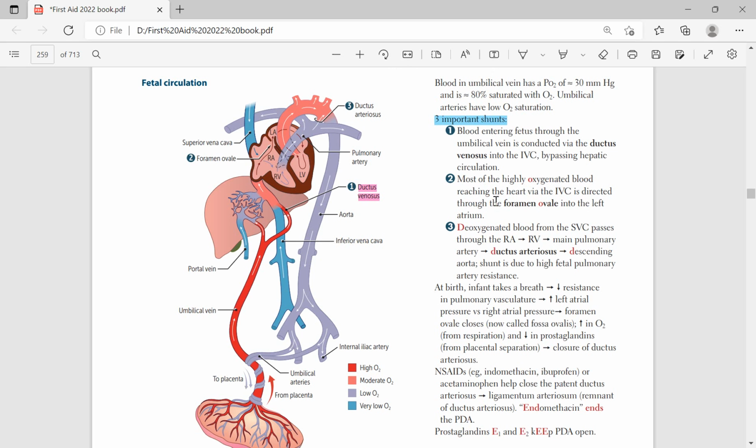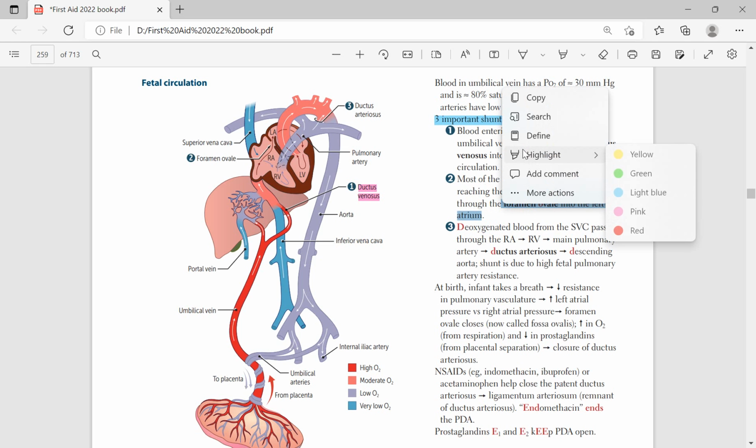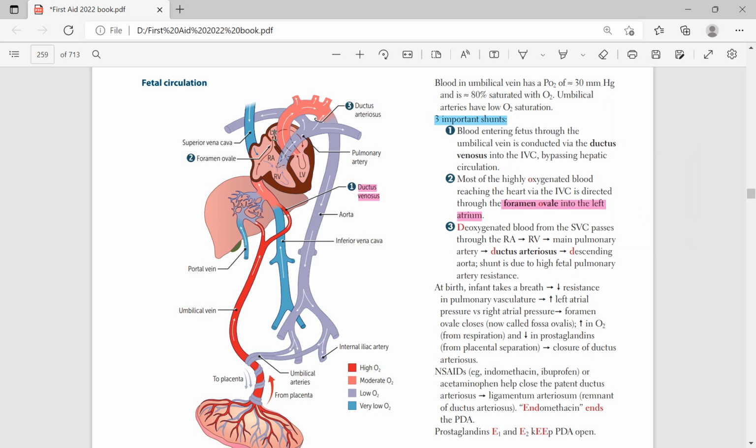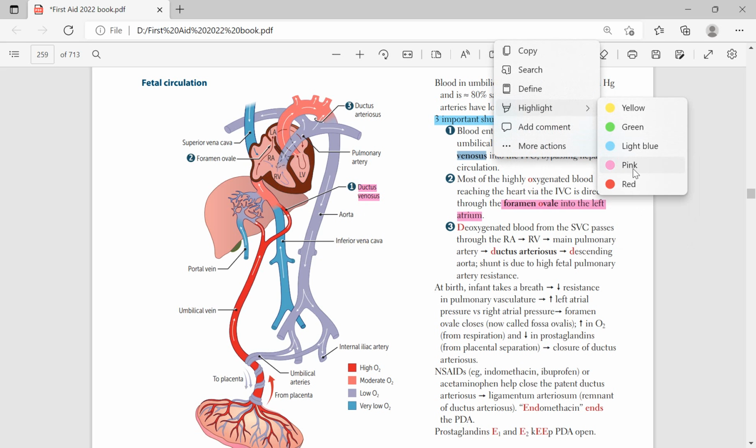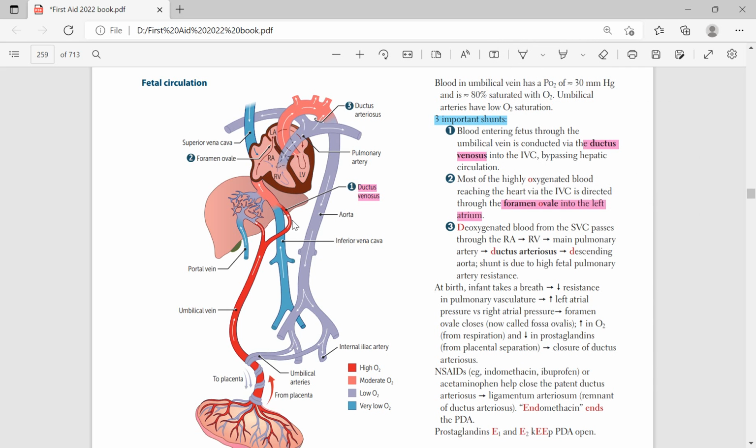Most of the highly oxygenated blood reaching the heart via the inferior vena cava is directed through the foramen ovale into the left atrium. The foramen ovale is formed from the defect of septum primum and septum secundum. Foramen ovale, ductus venosus, umbilical vein.